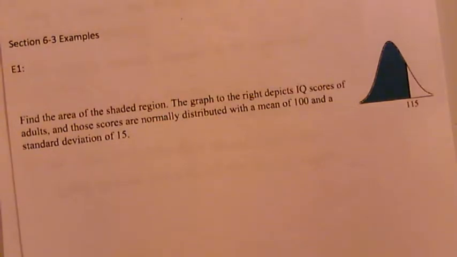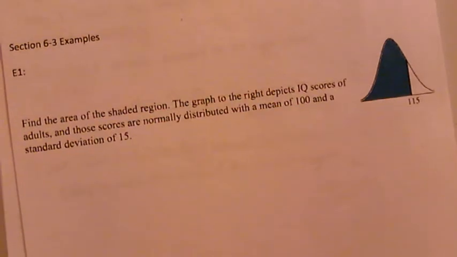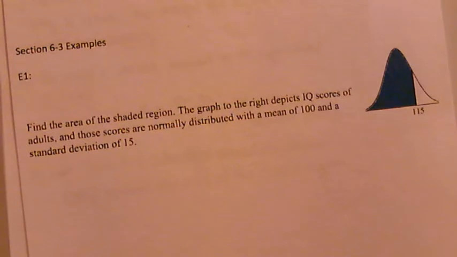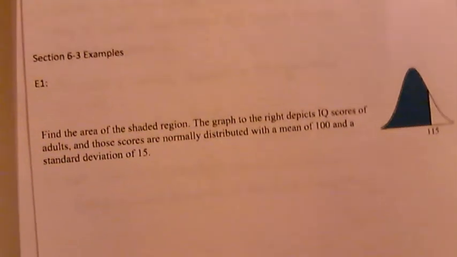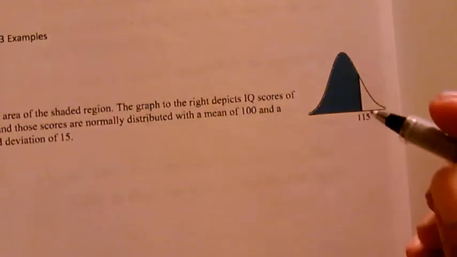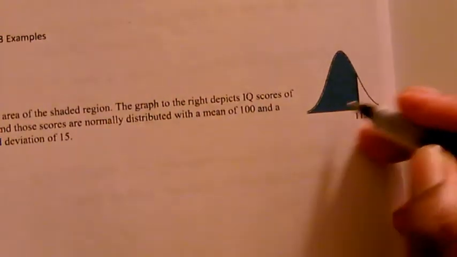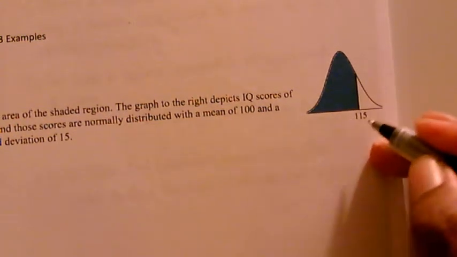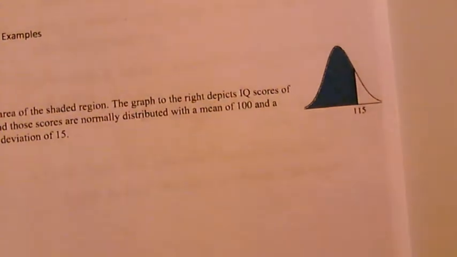The graph to the right depicts IQ scores of adults, and those scores are normally distributed with a mean of 100 and a standard deviation of 15. Okay. So in this case, the shaded area to the left is what we're trying to find. And here we have an x value of 115.